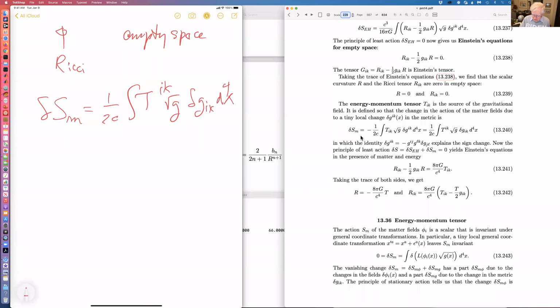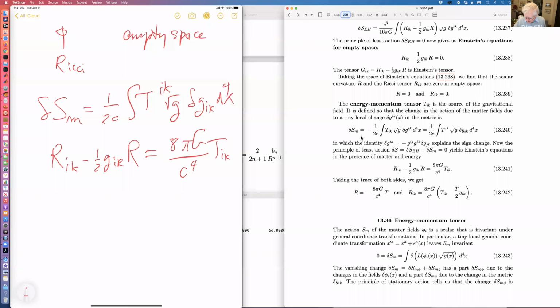And so then one gets the full Einstein equations, which are R_{ik} minus a half g_{ik} R is equal to, it turns out, 8 pi G, G being Newton's constant, over c to the 4th, T_{ik}. So this is the energy momentum tensor.